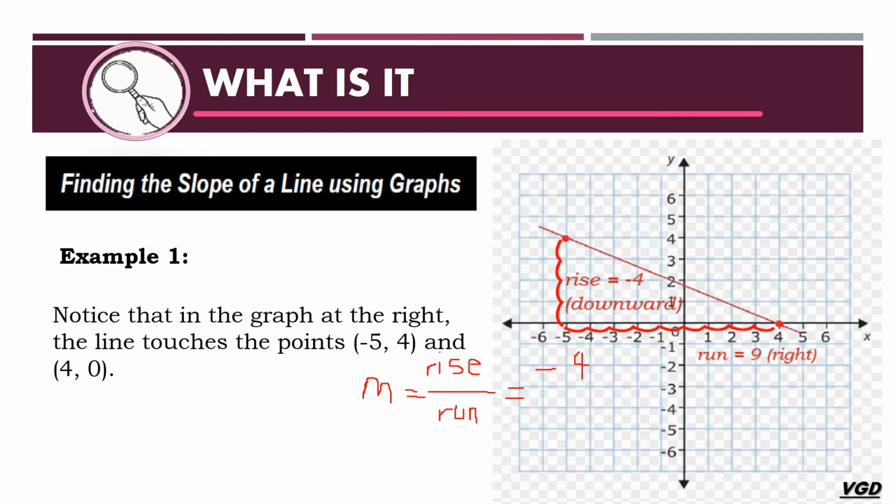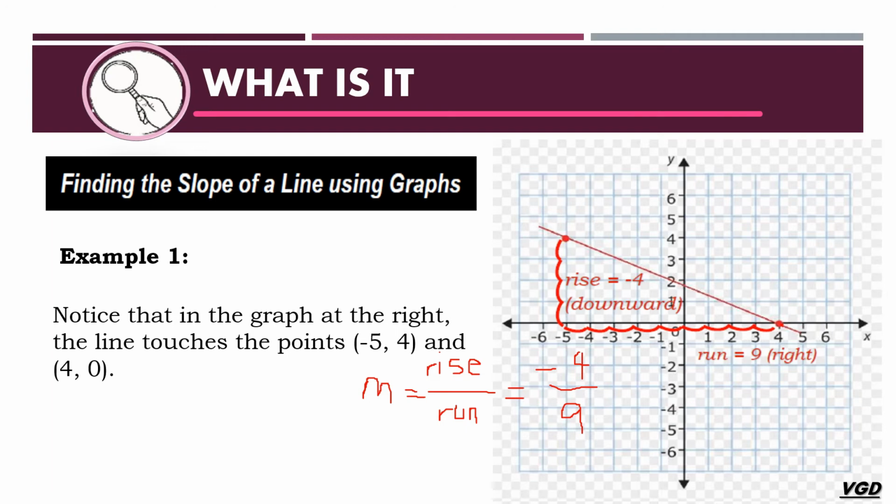So we just have to count, and we were able to get 9. So therefore, as we substitute m is equal to rise over run, we will be able to get the slope of -4/9.